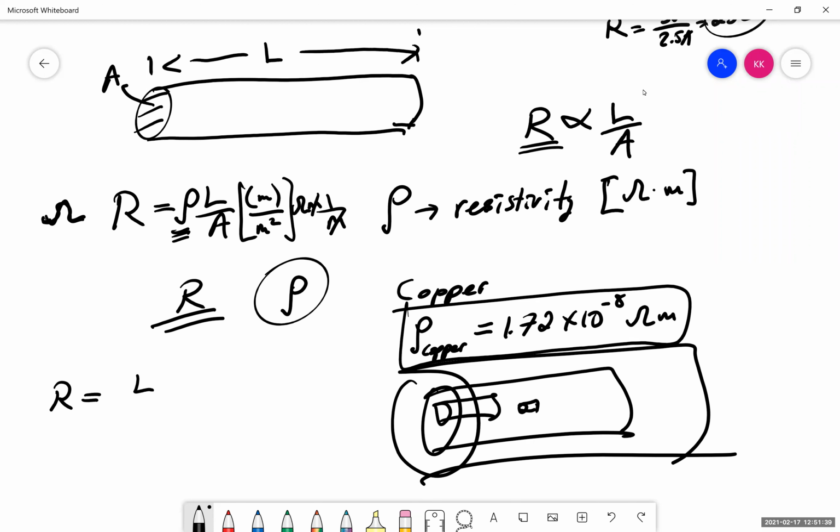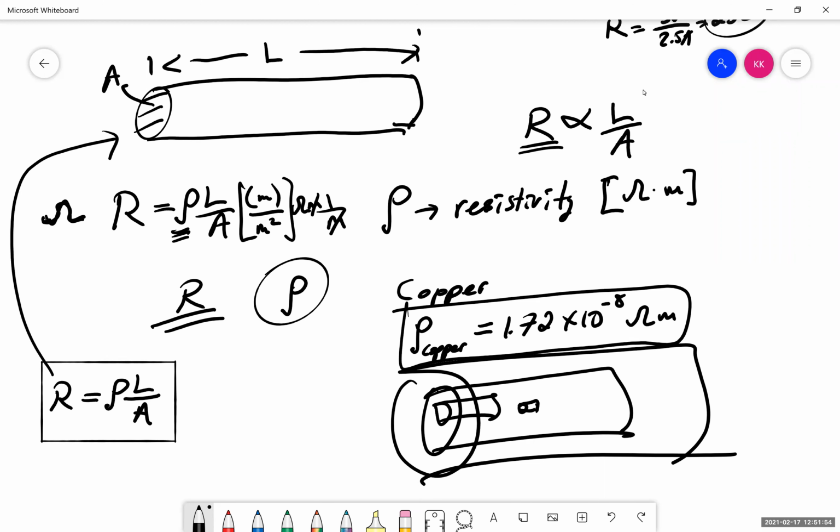That means it's equal to the resistivity, which is the same for all copper wires, but then the length and area of the specific copper wire determine how much resistance it has. Specifically for this one, its length and area will determine how much resistance it has.